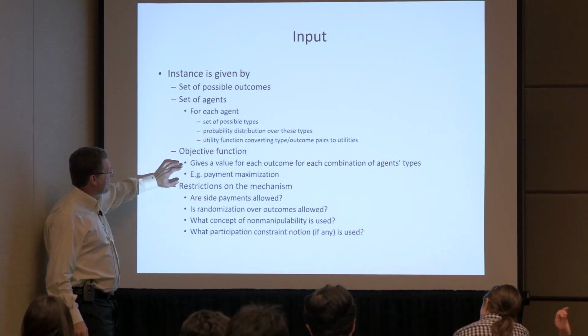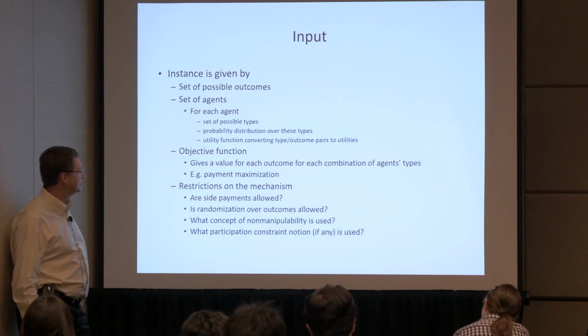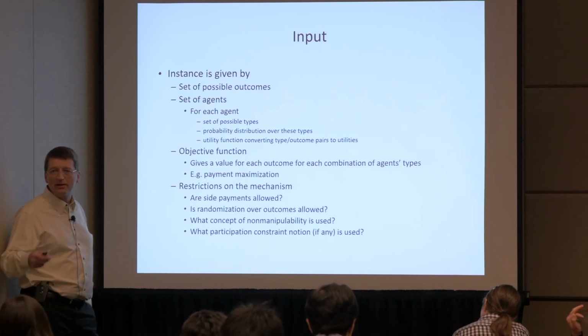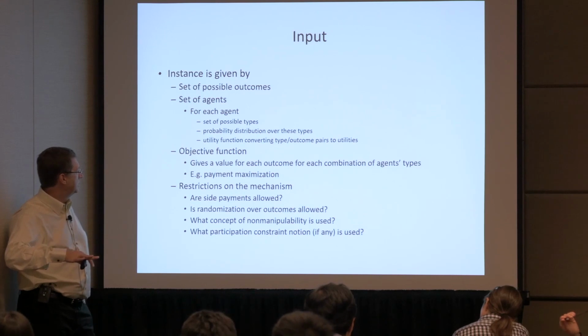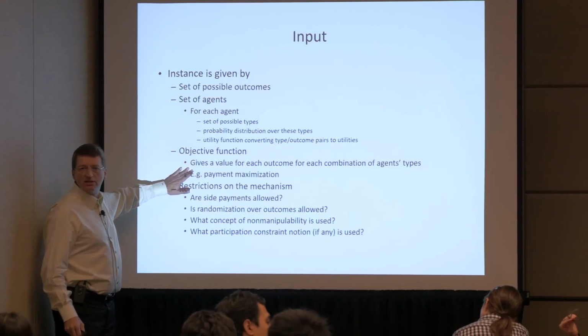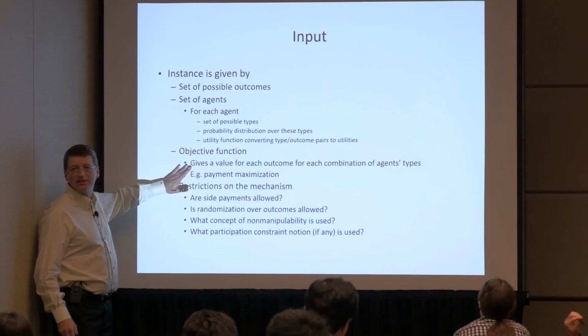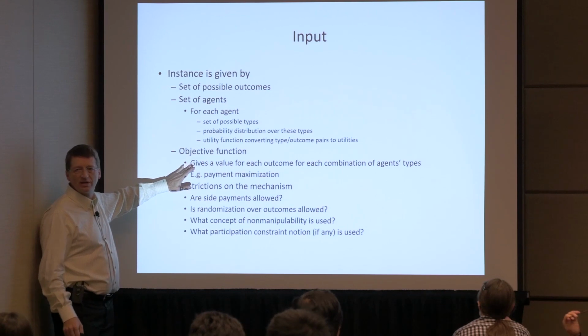Then there's an objective function, which gives a value for each outcome for each combination of the agents' types. So what the outcome is doesn't depend on just one guy's type, but on the whole vector of agents' types. And as Ellen talked about, there's this revelation principle that says that anything you can accomplish with any mechanism, you can also accomplish with a direct revelation mechanism.